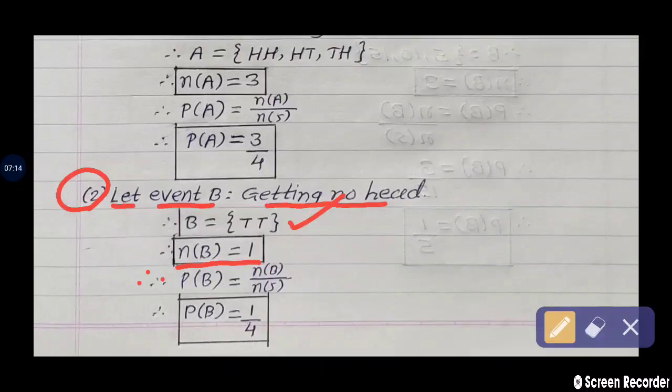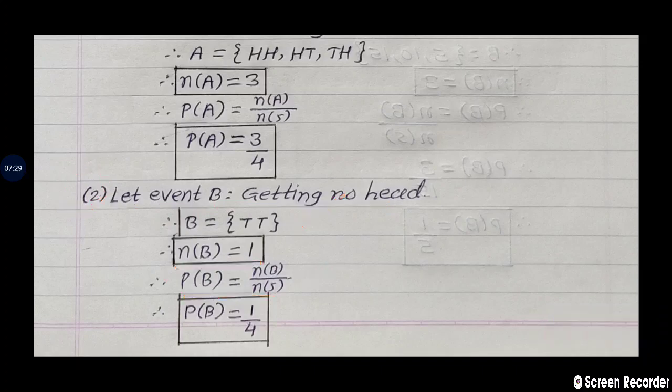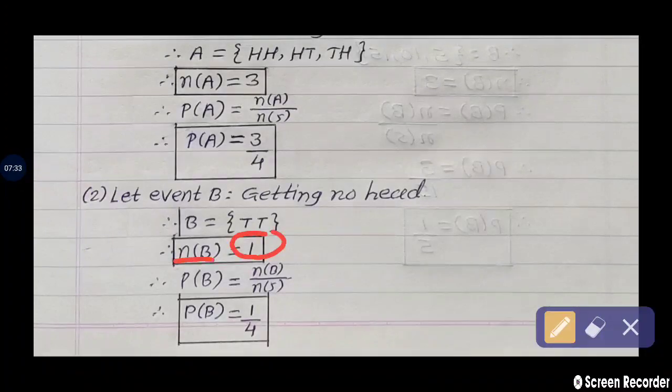Find the probability of this event B. P of B is equal to N of B divided by N of S. N of B, the number of sample points in event B, is 1. See here again, only 1 is the answer of N of B. So 1 upon N of S, the sample points in the sample space, which is 4.